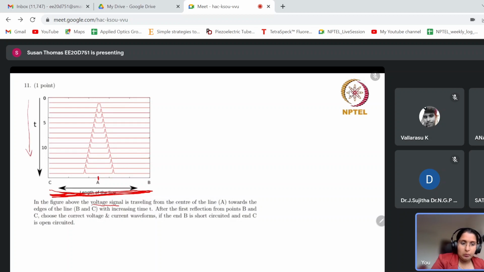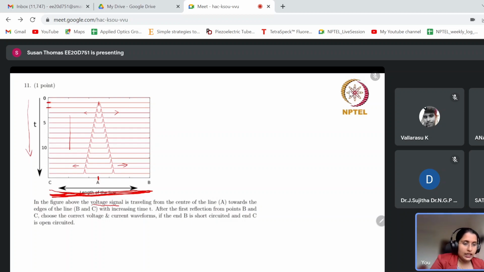This axis is time, and this axis is the length of the transmission line. You can notice that at initial time there is no signal, and at some time there is a signal at the center, and it is propagating in both directions, forward and backward. As time goes on increasing, this wave is propagating backward and this wave is propagating forward.